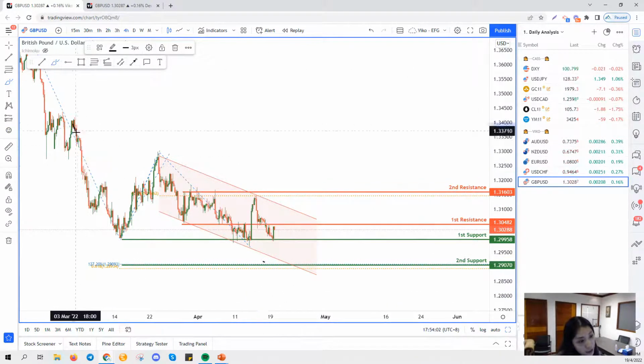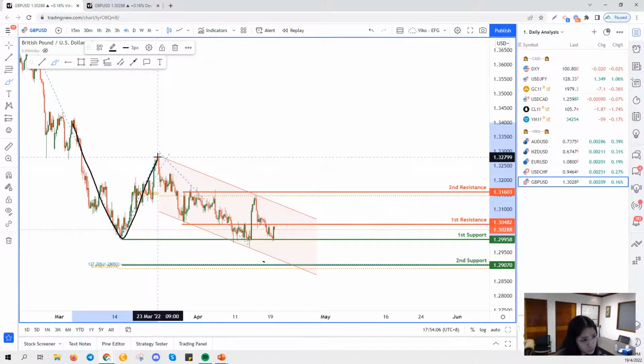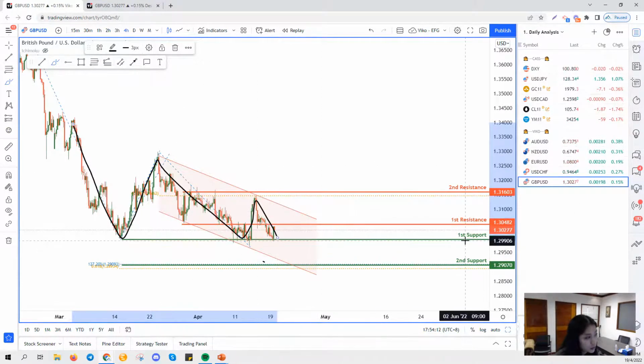Every time the price goes down to this first support level, it bounces off, and then it goes down again and bounces off again. So this first support level is a previous level we can use to refer to where the price rises to a certain resistance level, reverses back, and bounces off from this first support level.